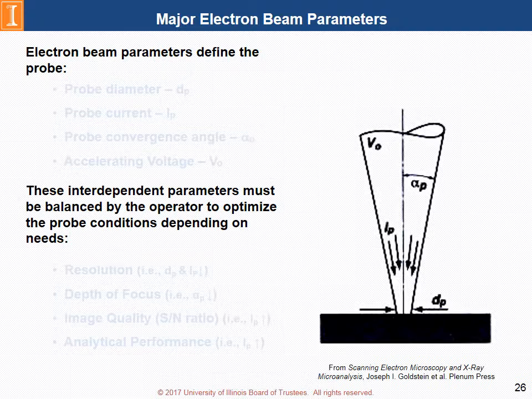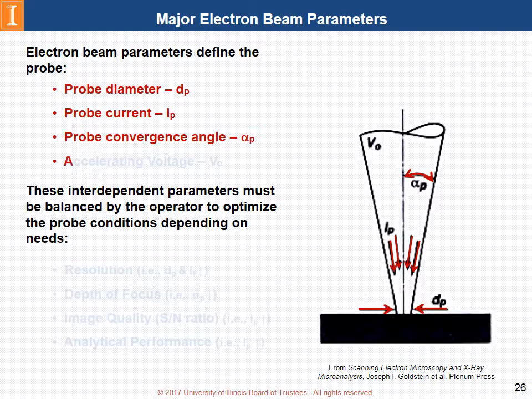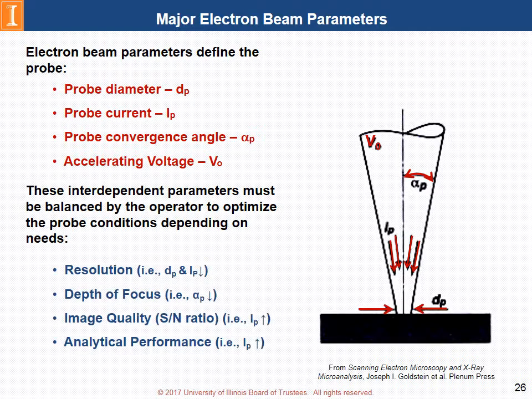These parameters are probe diameter, probe current, probe convergence angle, and accelerating voltage. In the next few slides, we will show how these beam parameters affect the image quality.